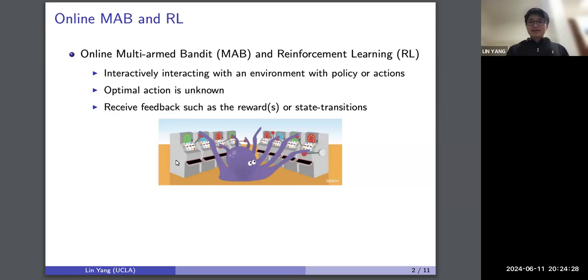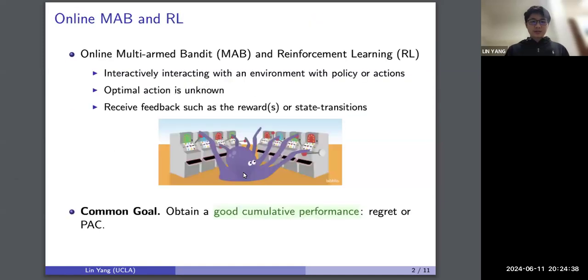Of course, the algorithm needs to improve its performance in the long run. So what is this performance measure? Usually people use a common performance measure called the regret or PAC bounds. Basically, you want your performance in the long run to be comparable to the optimal action.